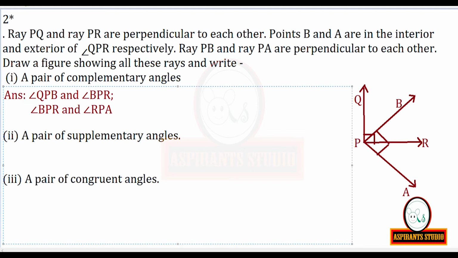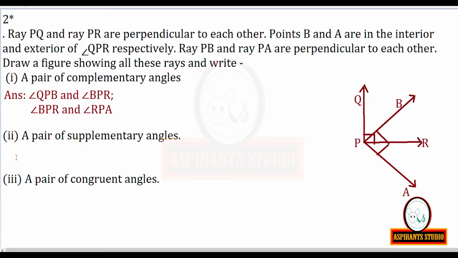Now let us see the next one. A pair of supplementary angles. In this case, the sum of the measures of the two angles should be 180 degrees. So here you will get the pair to be angle QPR and angle BPA.